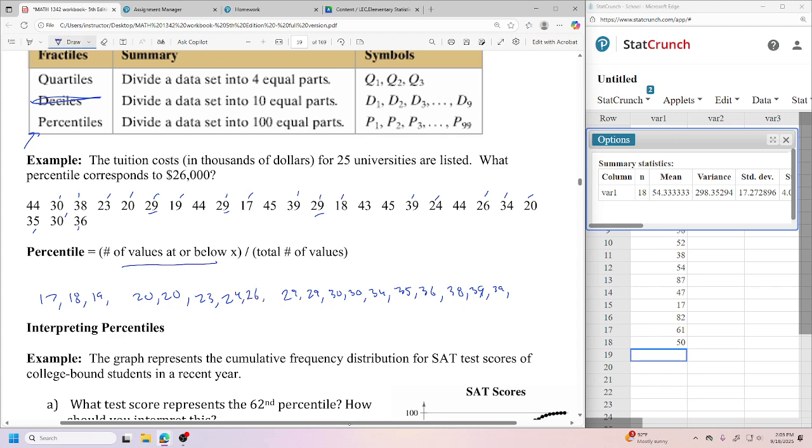Now, are you seeing how awesome StatCrunch is? This is good for the notes to see what we're doing, but ultimately I think StatCrunch for sure. So I got a 43 and then I'm going to have that 44. Another 44. Yep, you're right. Another one. I'm going to run off the page here.